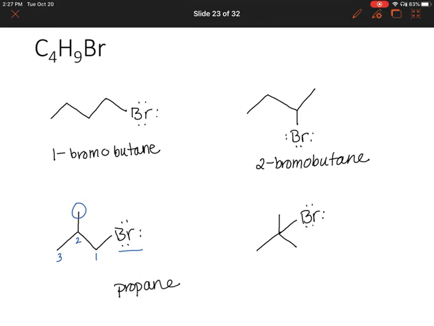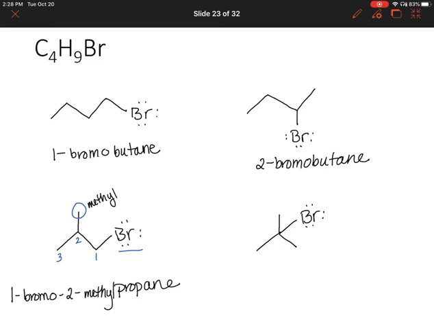Now we have 2 substituents this time. We have a methyl group and a bromo group. So we have to alphabetize them. So which one would come first, bromine or methyl? Bromine. Okay, so we would write 1-bromo and then 2-methyl. So this is 1-bromo-2-methylpropane.